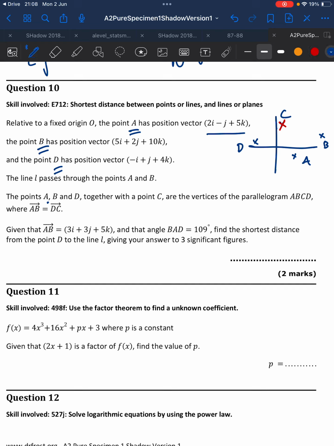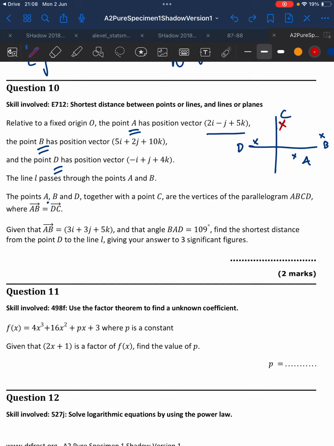Well, they tend to give you shapes like parallelograms and trapeziums, things like this, because you know things about those shapes. So, for example, if it were a trapezium, saying that A to B and D to C or C to D, either work, are parallel is the way that this question would be cracked open.